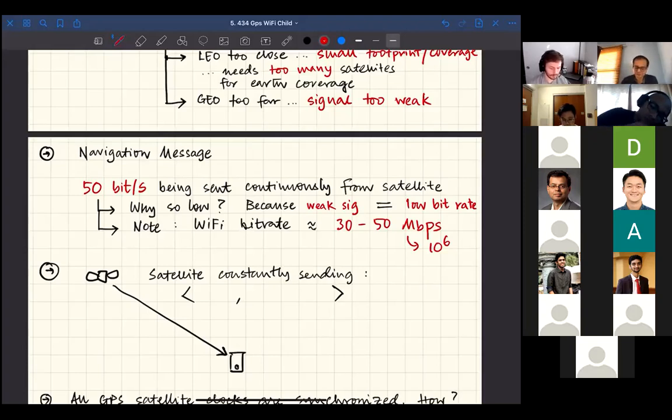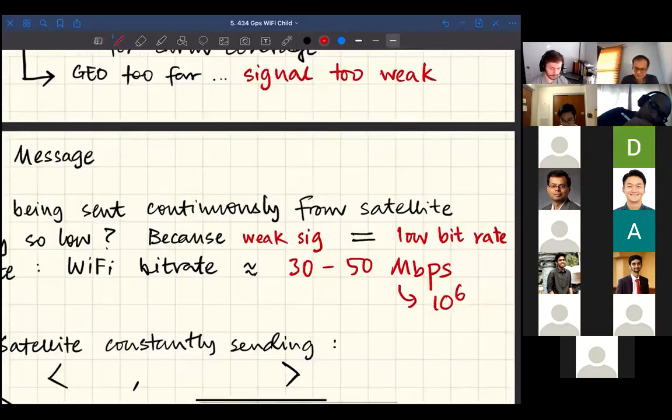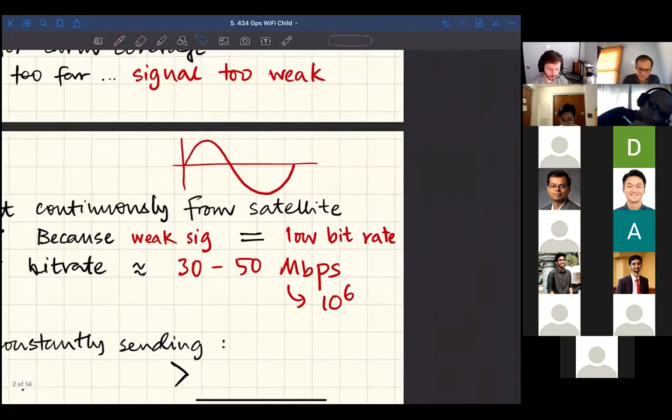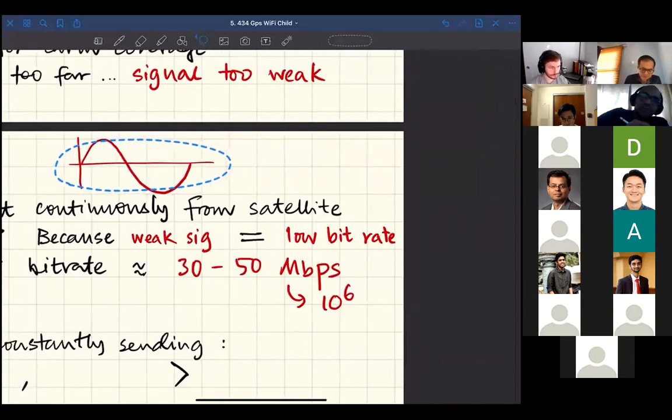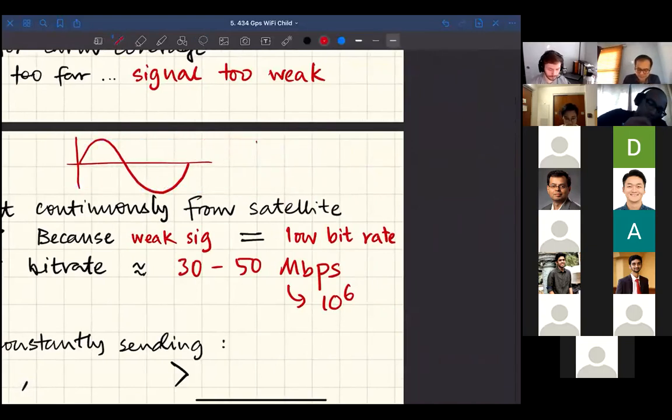So a very brief intuition for that is that imagine you have a signal versus imagine you have a strong signal over here versus a weak signal over here. Same sine signal, one is strong, one is weak.